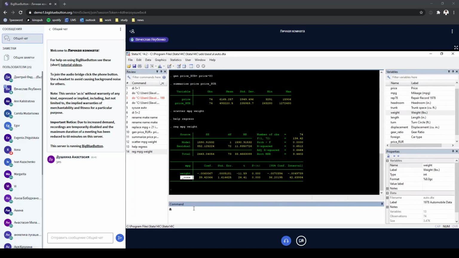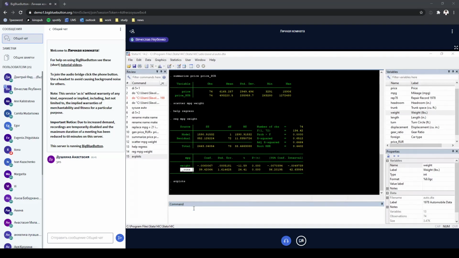So we can write AV plot, and it shows us the graphic representation of our regression.